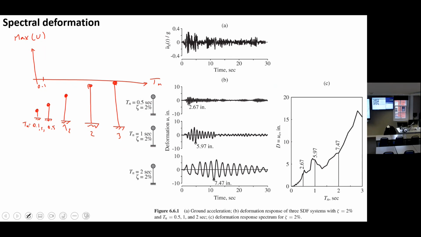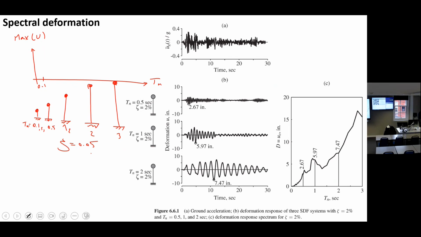I put different single degree of freedom systems along the x-axis. They are different in the natural period, and all of them have a constant value for the damping. Let's call it 5%. The 5% damping is valid for all of them, but they are different in either mass or stiffness, which means that it can change the Tn. So I'm representing a wide range of single degree of freedom systems, okay, on the x-axis.